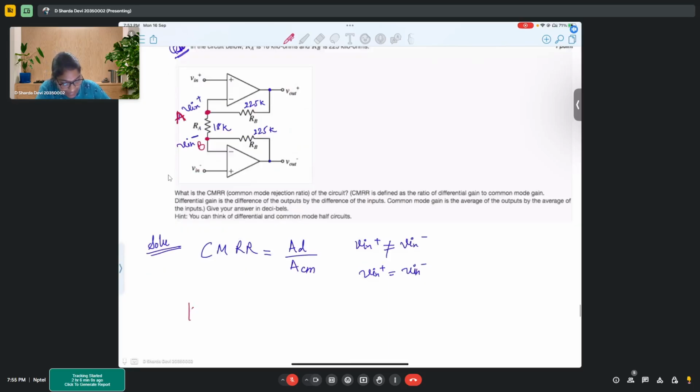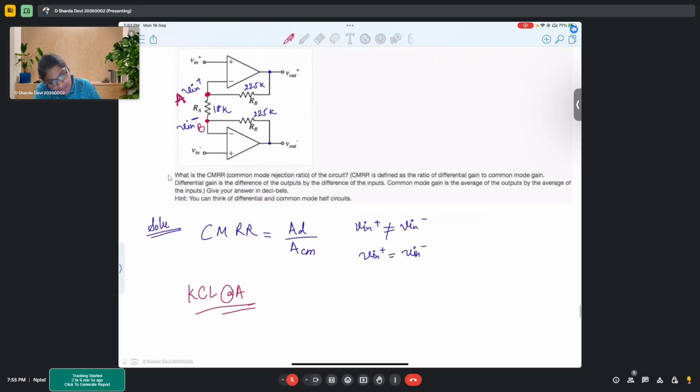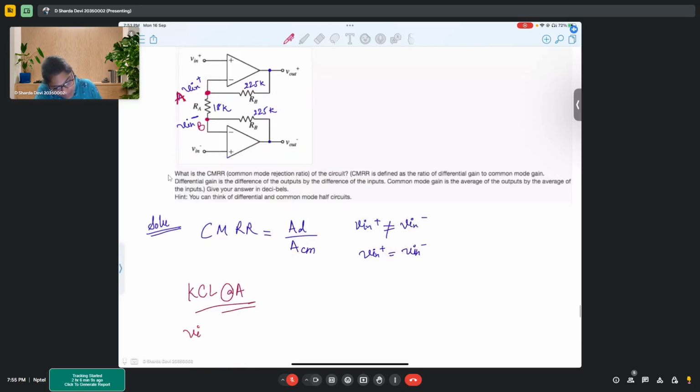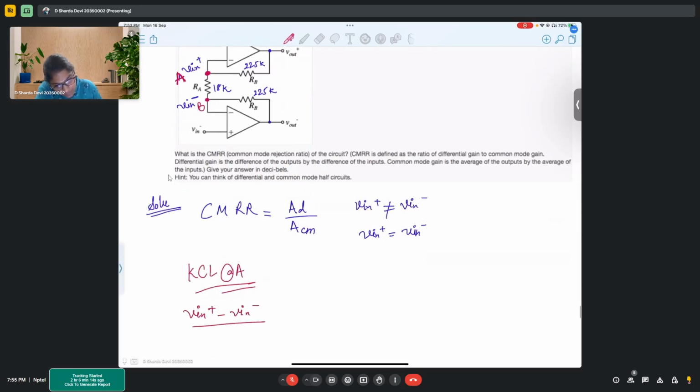Now writing KCL at A. So at A, when you write KCL, how would it look? It is Vn plus minus Vn minus upon Ra plus Vn plus minus V out plus upon 225K is zero because there is no current going into this. Similarly, no current will be going into this.